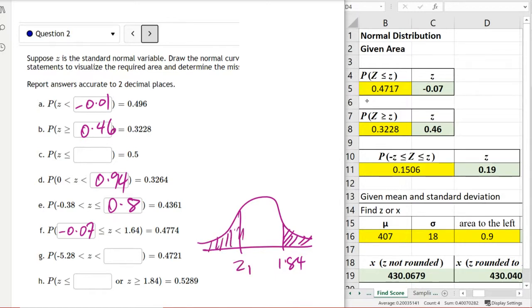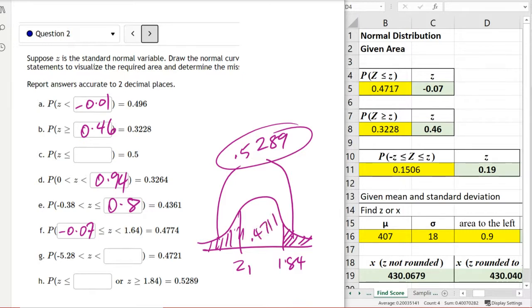So the two areas combined give us 0.5289. Okay, that's the two areas combined. So we can subtract that from 1 and get the area in the middle here, 0.4711 is the area in the middle there if we want. But what we really want is the corresponding Z value here.